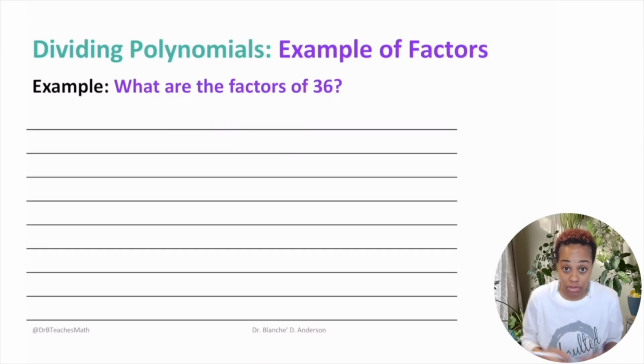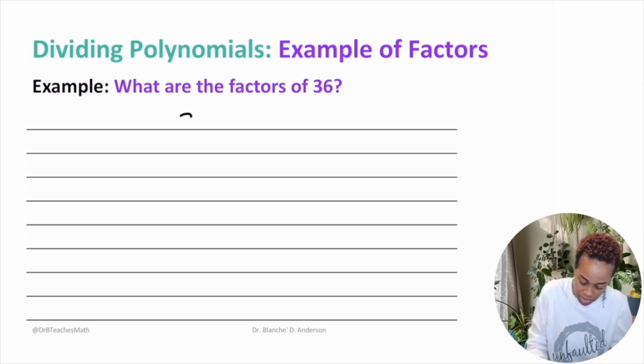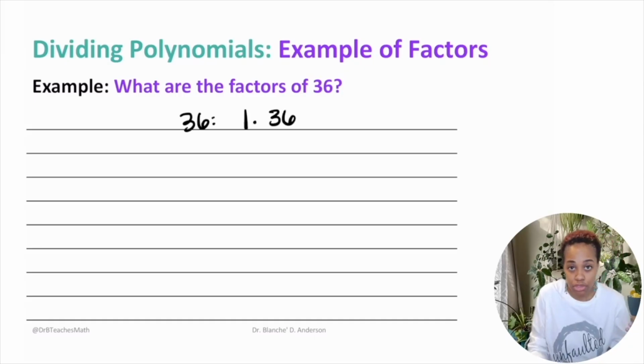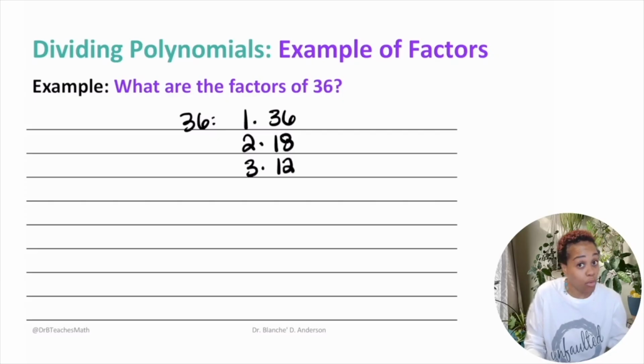Let's look at this one. What are the factors of 36? Well, 1 times 36. What about 2? Does 36 divide by 2? Yes, 2 times 18. What about 3? 3 times 12. Good. What about 4? 4 times 9. Good. 5? No. 6? Yep, 6 times 6 gives you 36.